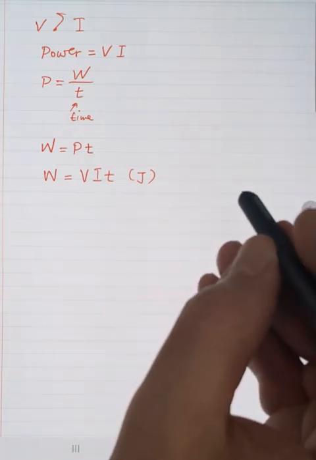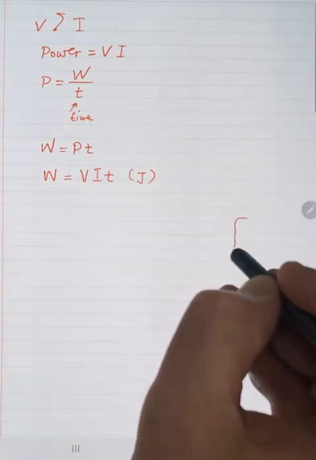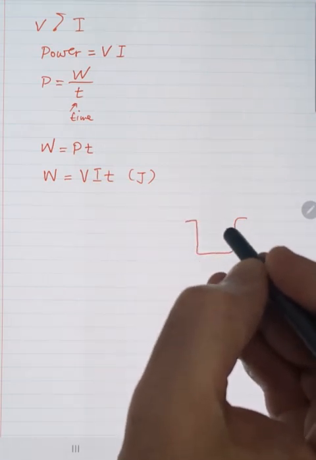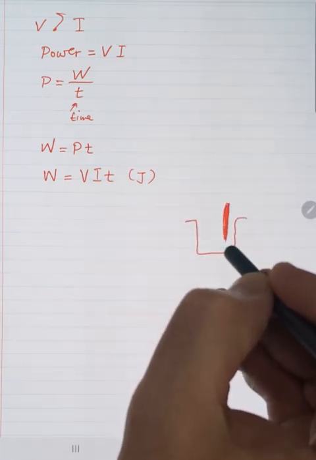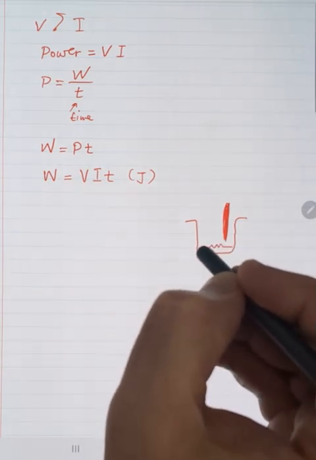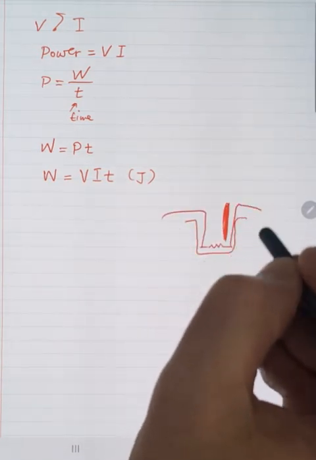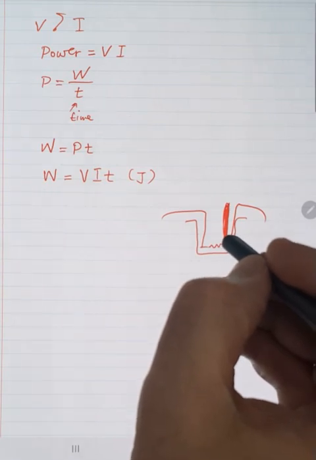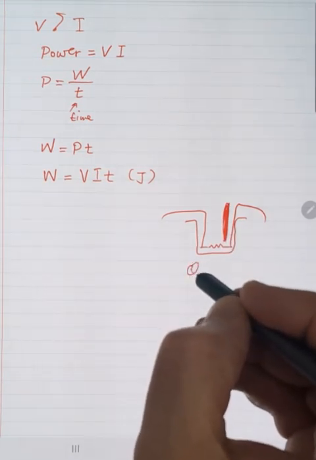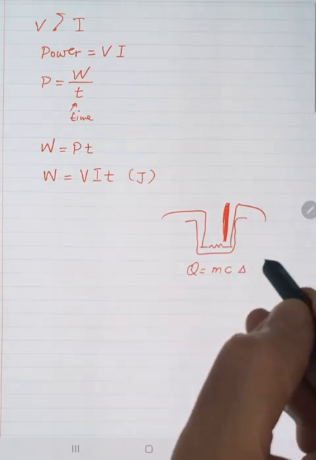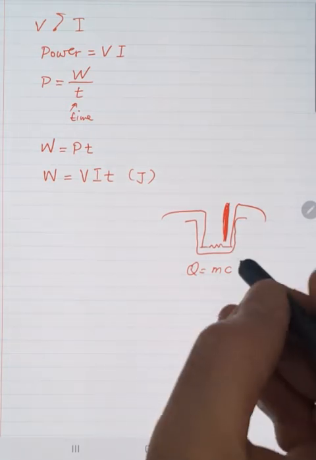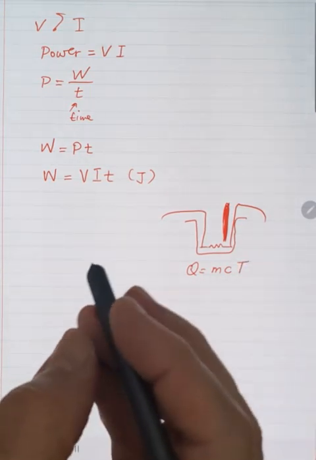And also we have our container, thermometer, and some resistance connected. So we know that Q is equal to mCΔT.